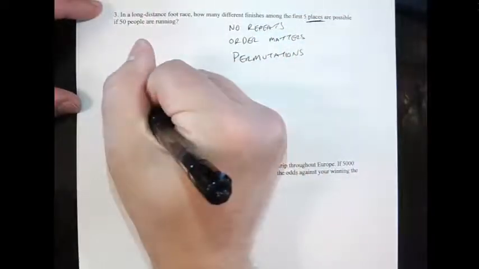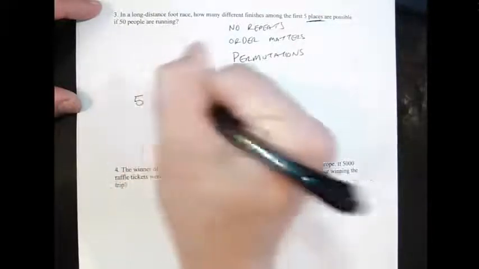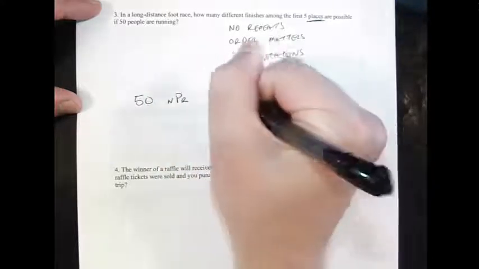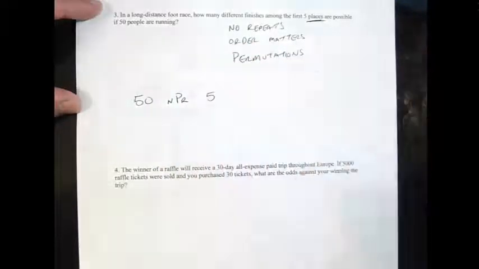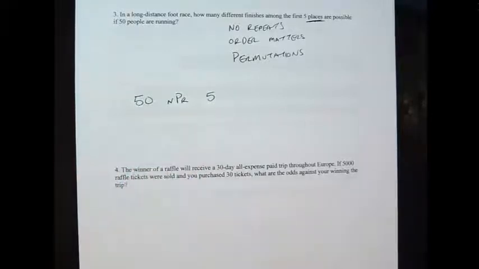All right. Now, using our same notation, we have 50 people, and instead of nCr, nPr: 50 permute 5.